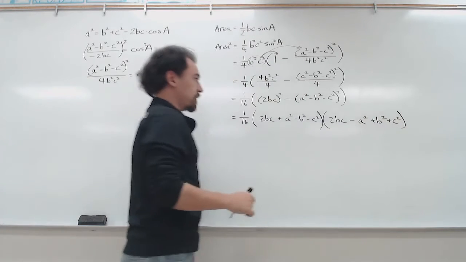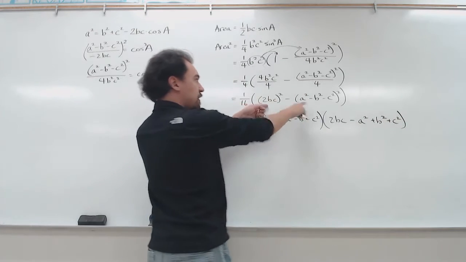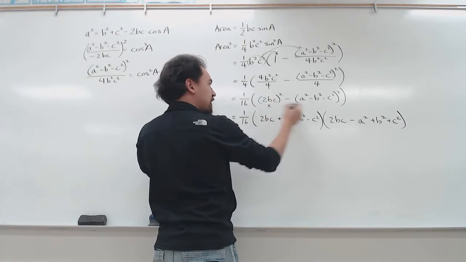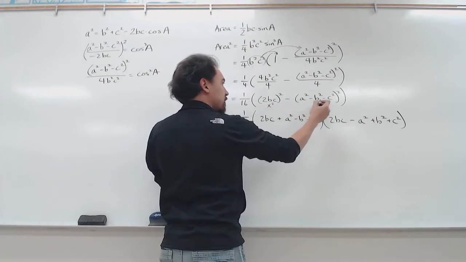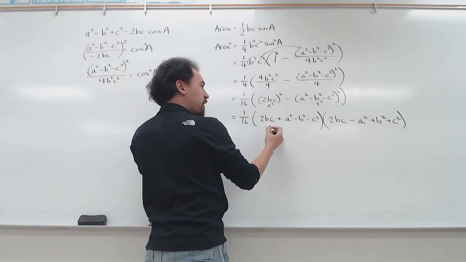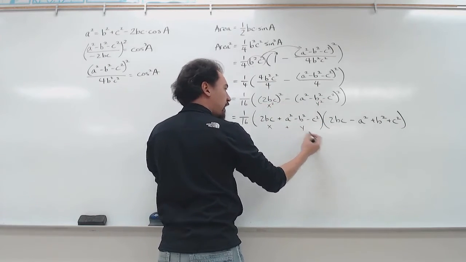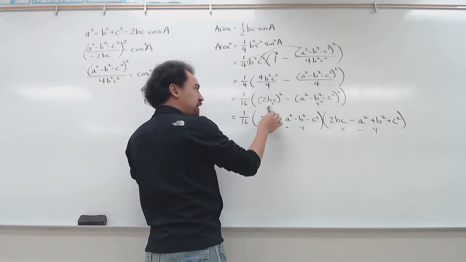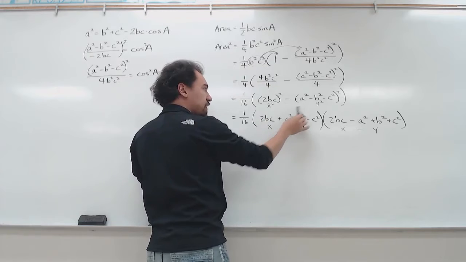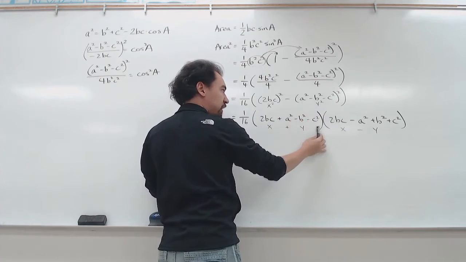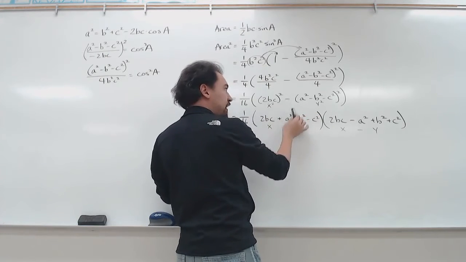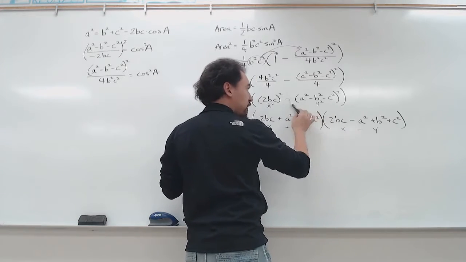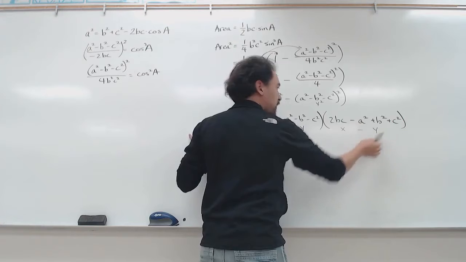What have I just done? I've said this squared minus that squared. I think of this as like x and y. We'll factor out and make x plus y and then x minus y. So what I said is if I take 2bc plus all of the stuff in here, I get this. And if I take 2bc minus all the stuff in here, the negative distributes, so I get negative a squared plus b squared plus c squared.